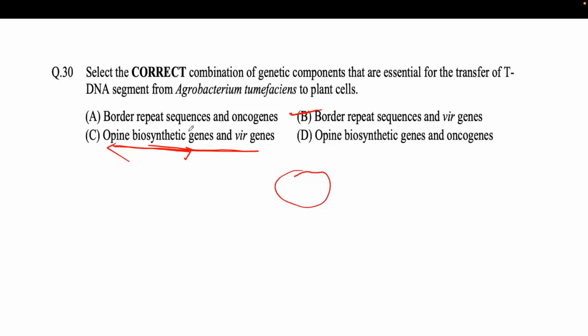So that's why this is present in the tDNA region. So transfer of tDNA region will not be based on the opine biosynthetic gene. It is based on the virulence gene, but it is combined with the opine biosynthetic gene. That's why it won't be the correct option.